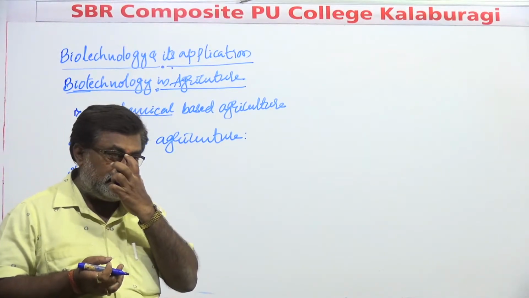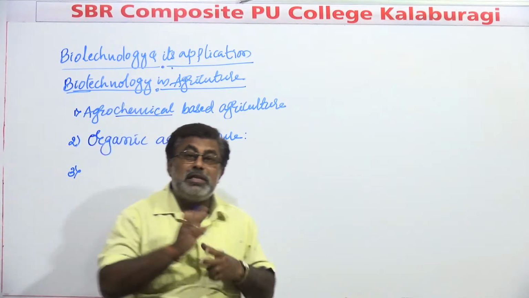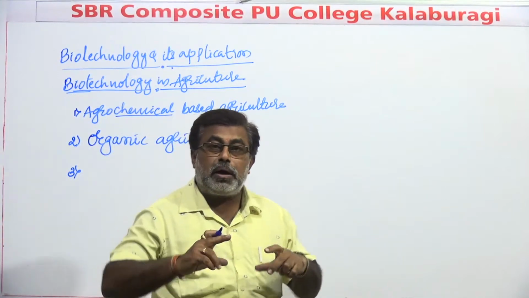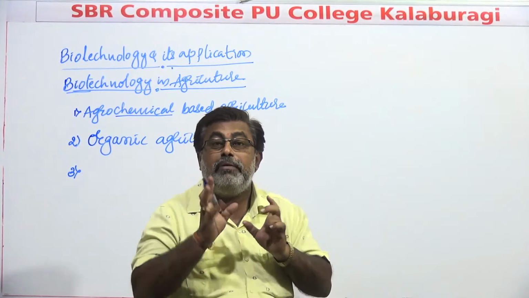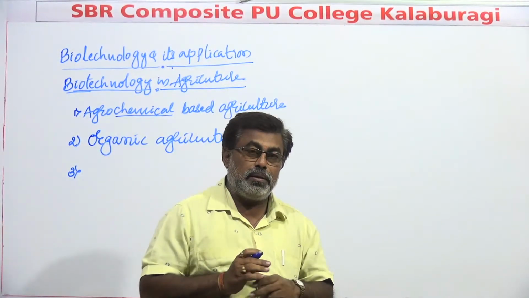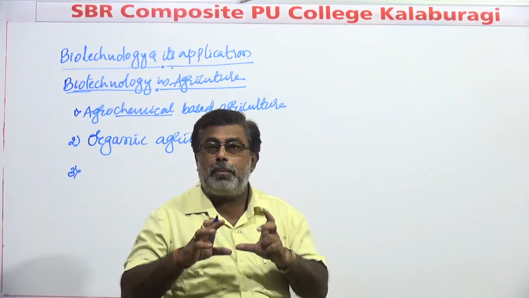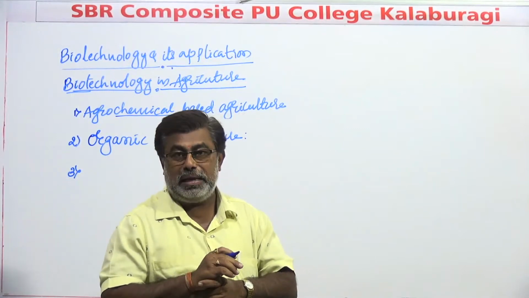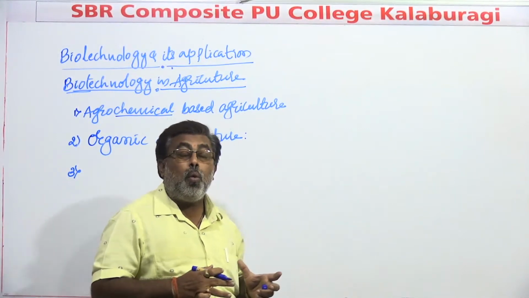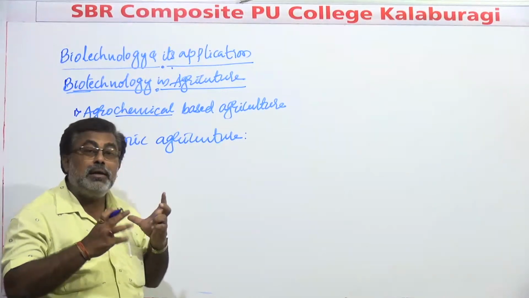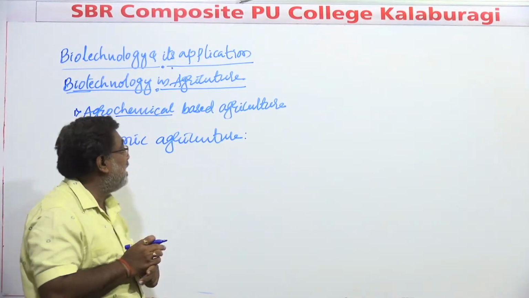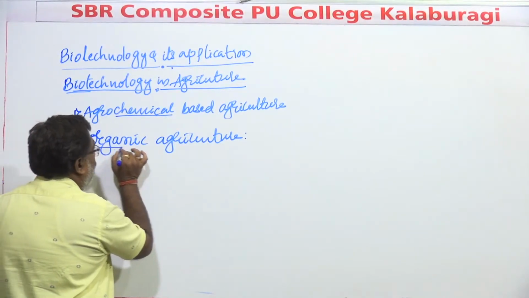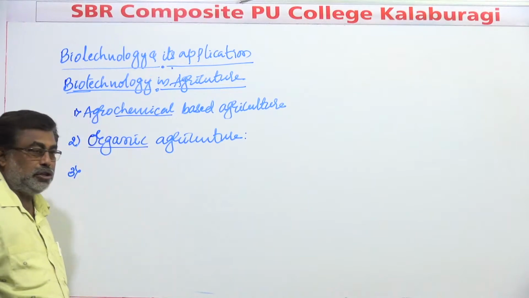Organic agriculture means using the product or byproduct of living organisms. By this, the agriculture will be done. That is called organic agriculture.